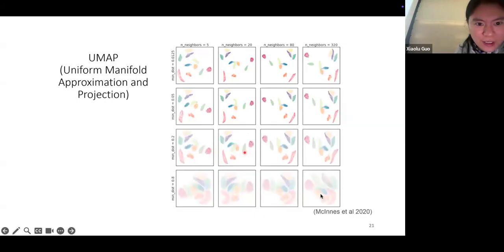Under one parameter you see very distinct clusters, and under another setting, although they are still separated, they are closer to each other. This is another reason why we use UMAP only for visualization but not for clustering, because it can create something that's not true. It's just for our understanding of how the data is distributed.